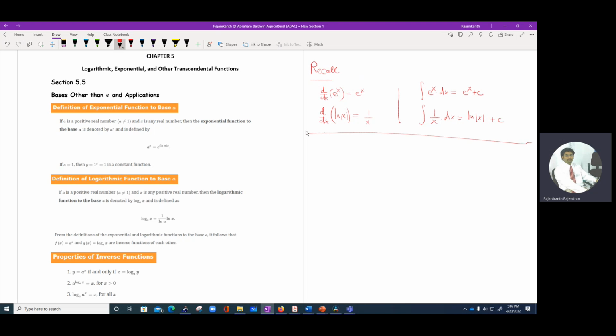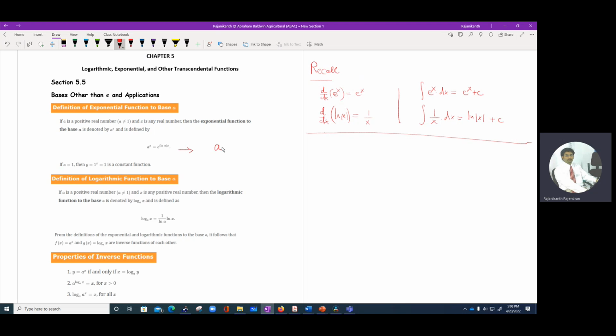But here we are going to do the same thing, but now, instead of base e, we are going to use other numbers. To do that, we need to know some properties of exponential functions other than the base e. This is one of those properties.